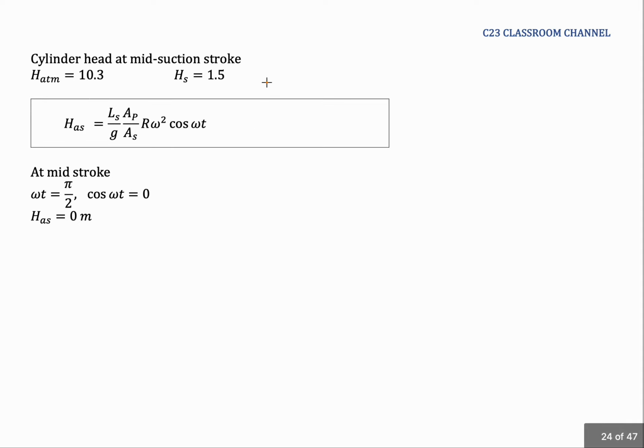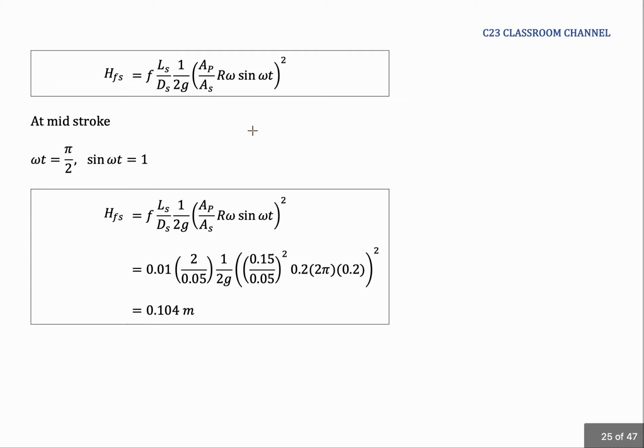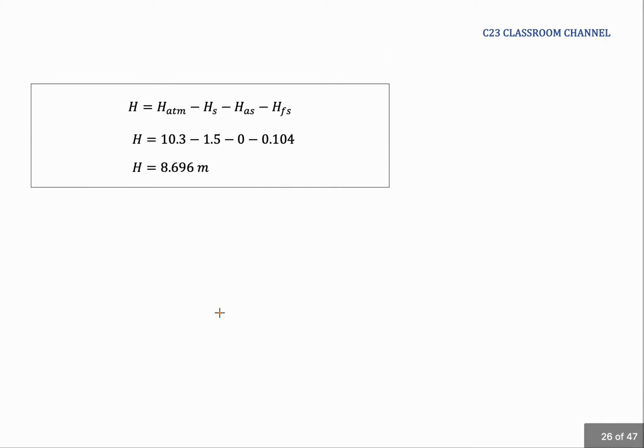Then this is the cylinder head at mid suction. We substitute everything here, and we get the friction for the mid stroke as this. Then we could calculate that the pressure head for the suction in the middle of the stroke is equal to 8.696.